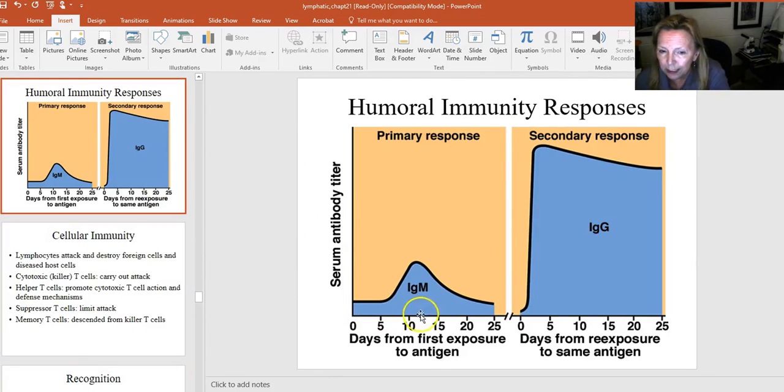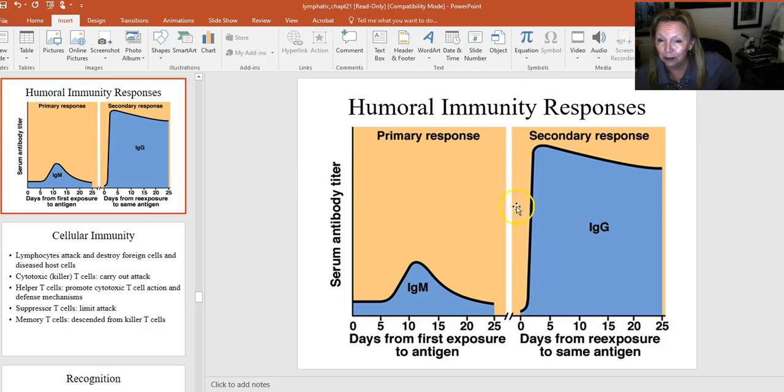So on first exposure, when the person's sick, it can take days before those plasma cells start pumping out the first class of antibody responding. But look at the memory B cells. The memory B cells on re-exposure, and I don't care if it's decades later, those memory B cells within minutes of seeing that foreign antigen for the next time, they will be pumping out.